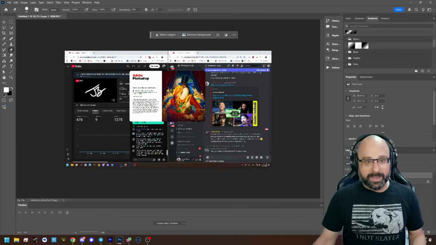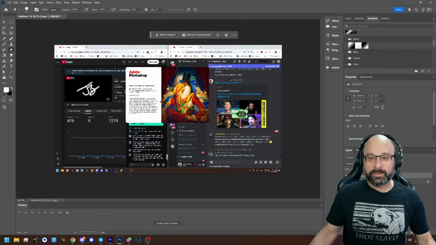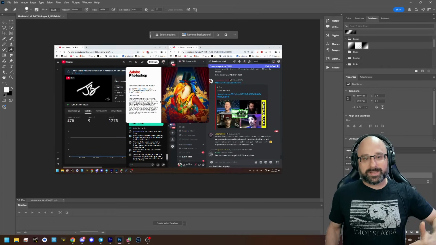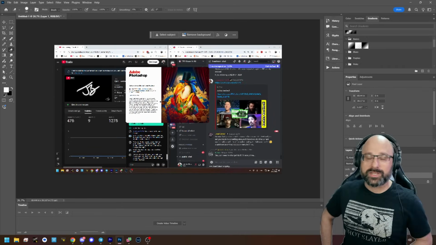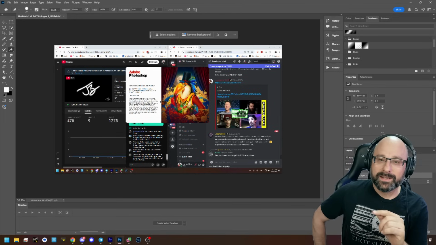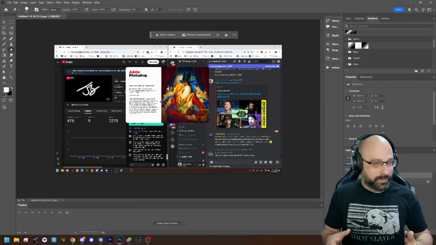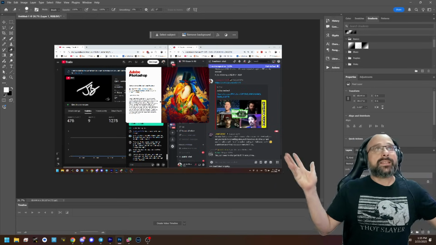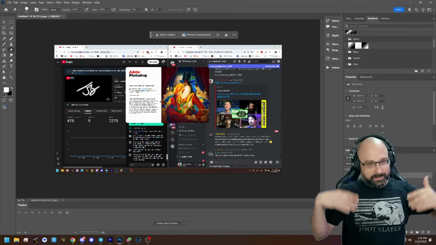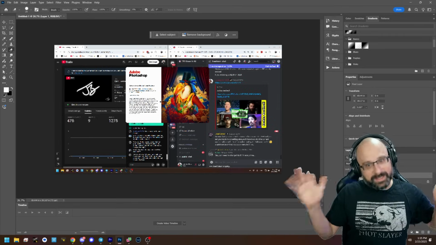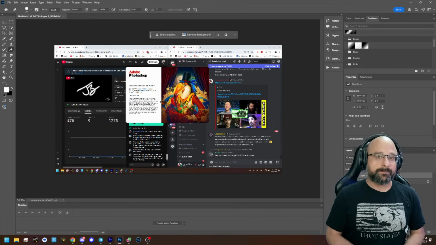Is this a 4K image? Absolutely, there's 5,000 pixels there. That's a 4K image. But wait a minute. It's a 4K upscale of a 640 by 480 image. Yes, technically there are 5,000 whatever pixels there, but it's not actually a 4K image.